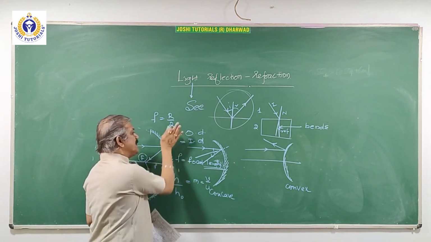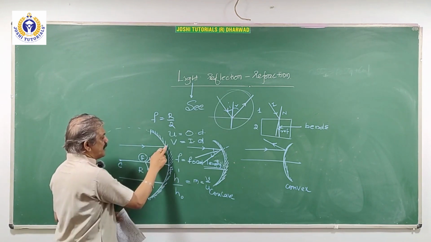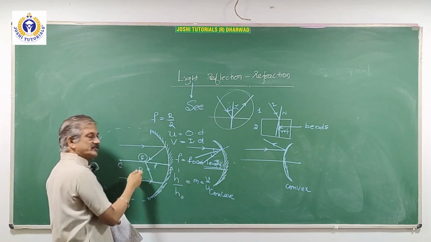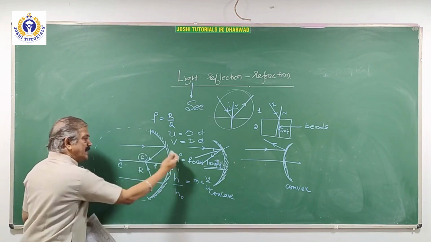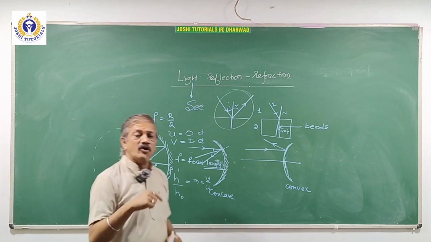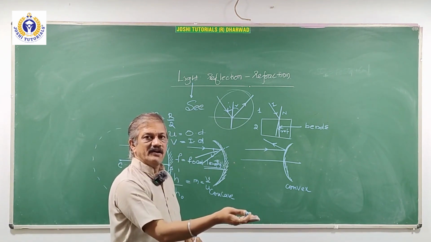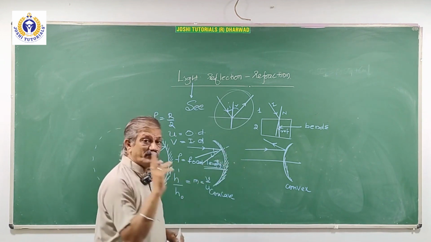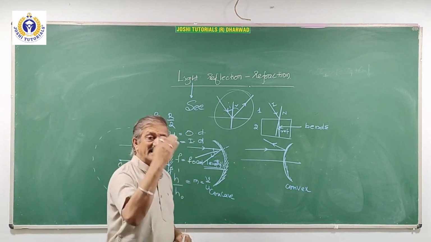These are some informations. Here, after reflection, they meet at a point, converge. When the object is on one side and the image is also on the same side, in case of mirror, we call it real. On the other side, if the image falls, it is virtual in case of mirror. I'm not talking about lenses.